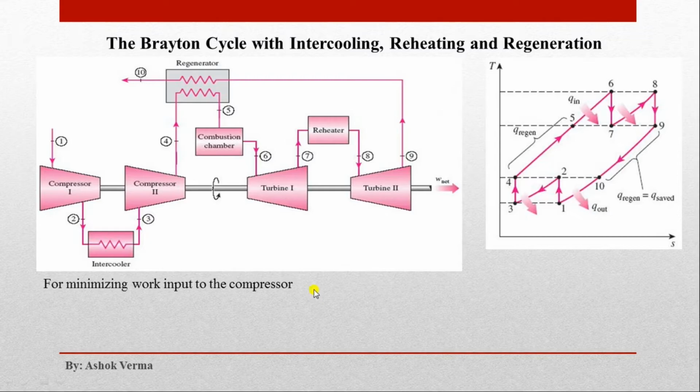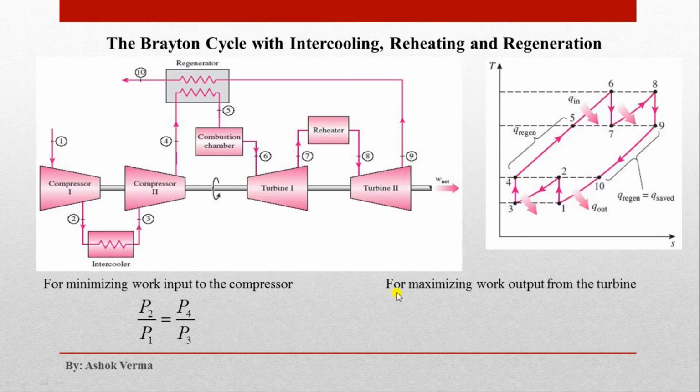So for minimum work input to the compressor, the condition should be that the pressure ratios are the same, P2 square equal to P2 into P1, which we have derived earlier, that is Pi equal to square root of the final and initial pressure.